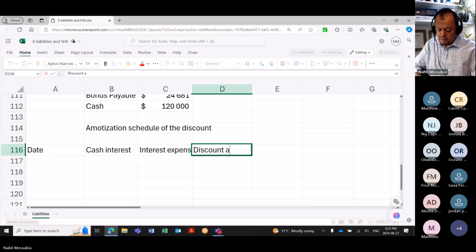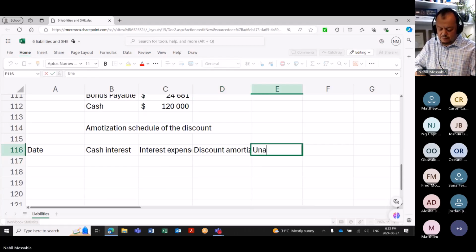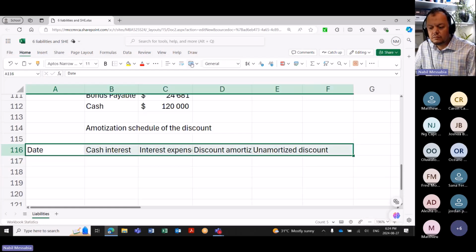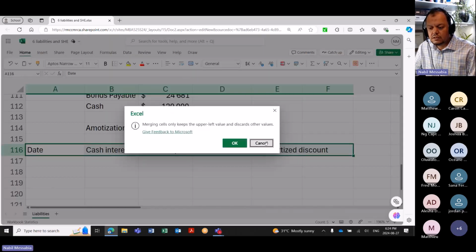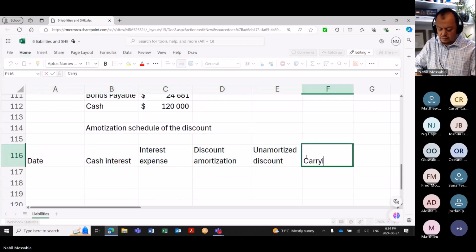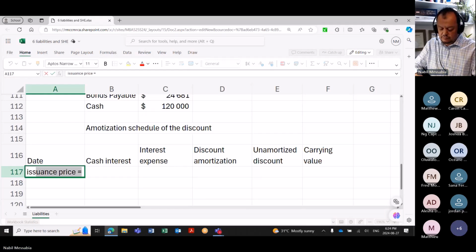I need a column for the unamortized discount. And I need a column for the carrying value.